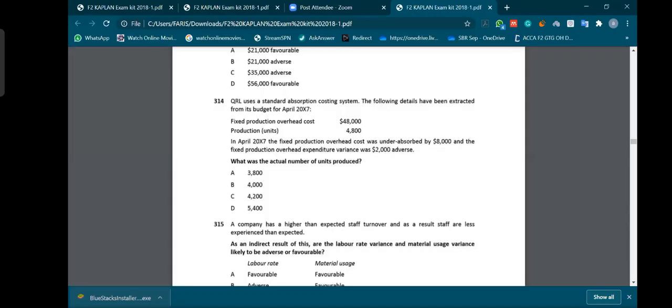Okay, so this question you shared is from Kaplan. It says that QRL uses a standard absorption costing system. The following details have been extracted from its budget for April 2007. Fixed production overhead cost 48,000 and production units 4,800.